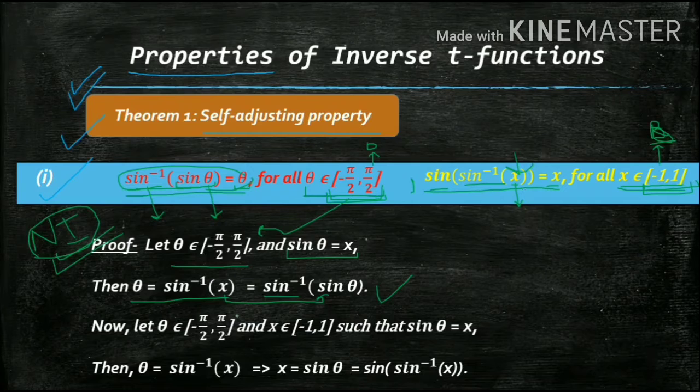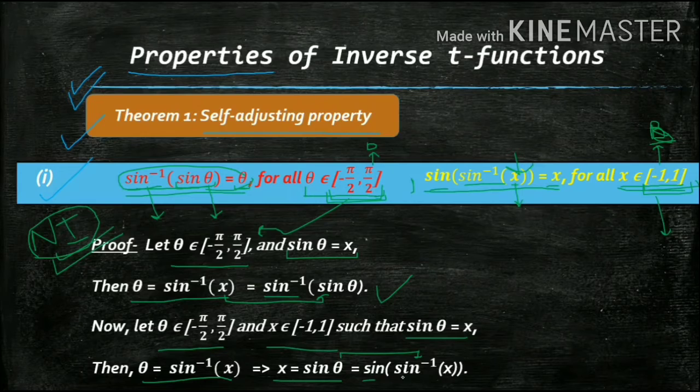Now look at this one. Let theta belong to the same domain and x belong to the closed interval minus 1 comma 1, and also let again sine of theta be x. Then theta would be sine inverse x. Now you can write x equals sine theta, that is equal to sine of, in place of theta, sine inverse x.